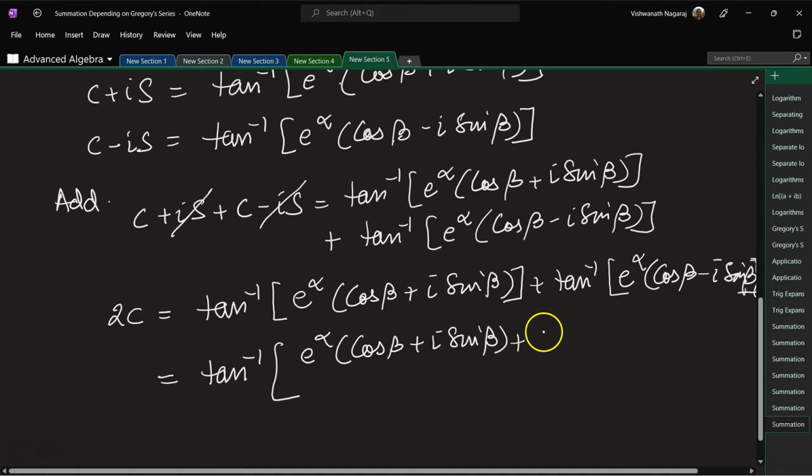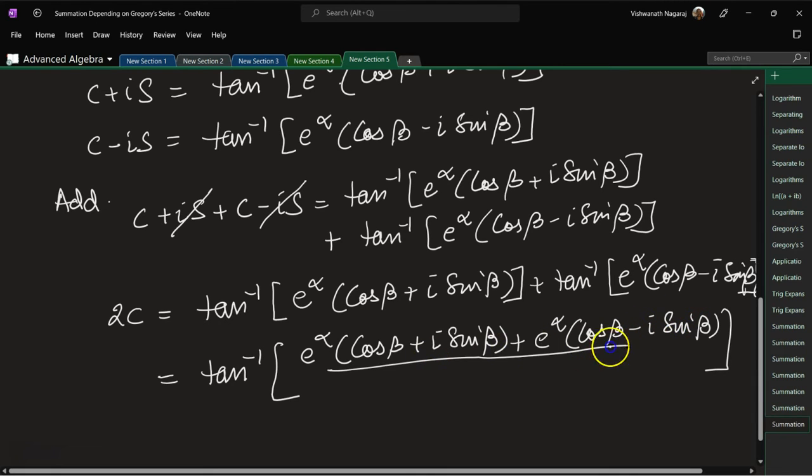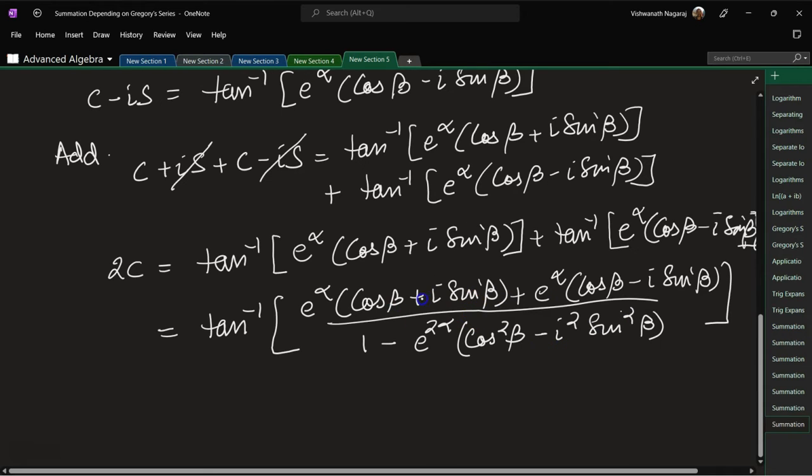So e to the power of alpha cos beta plus I sine beta, plus e to the power of alpha cos beta minus I sine beta, divided by 1 minus e to the power of 2 alpha, because we are squaring this, then cos square beta minus I square sine square beta. We are doing A times B. So A times B is what? A plus B times A minus B. So A square minus B square.